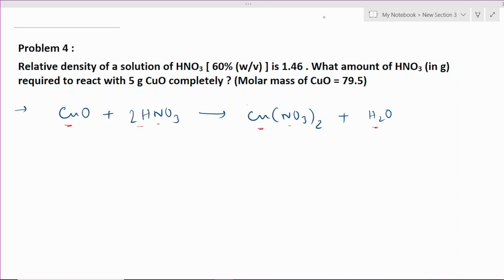So the reaction is balanced, and we see that 1 mole of cupric oxide reacts with 2 mole of nitric acid to give these products.